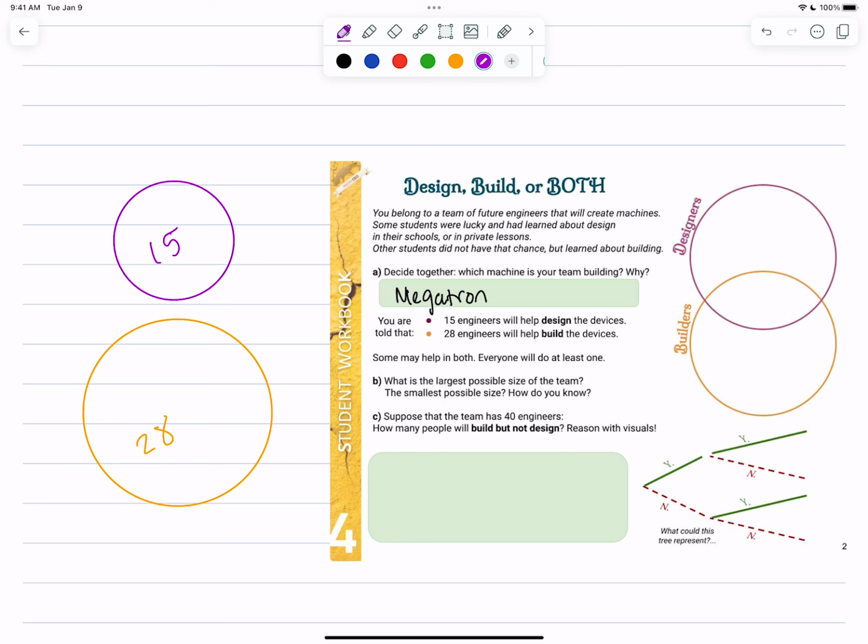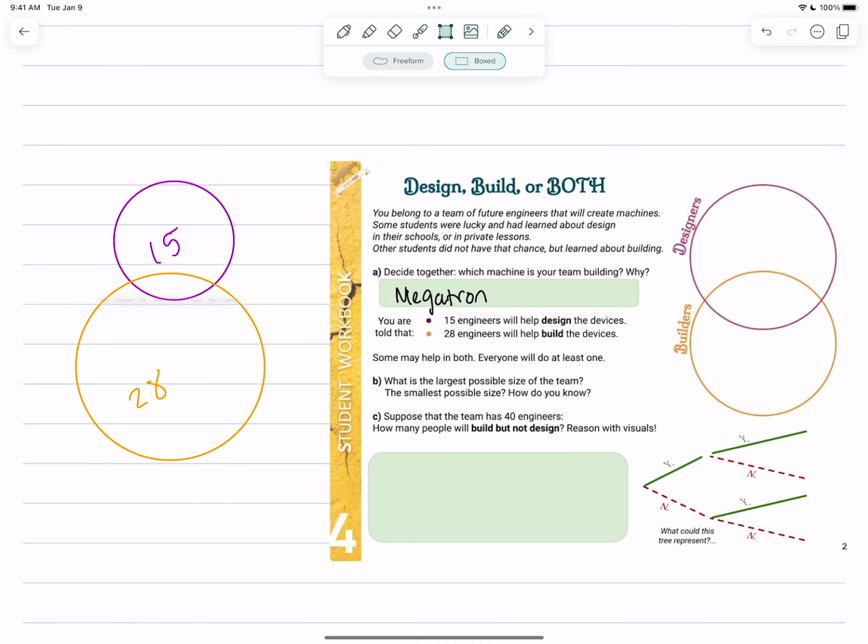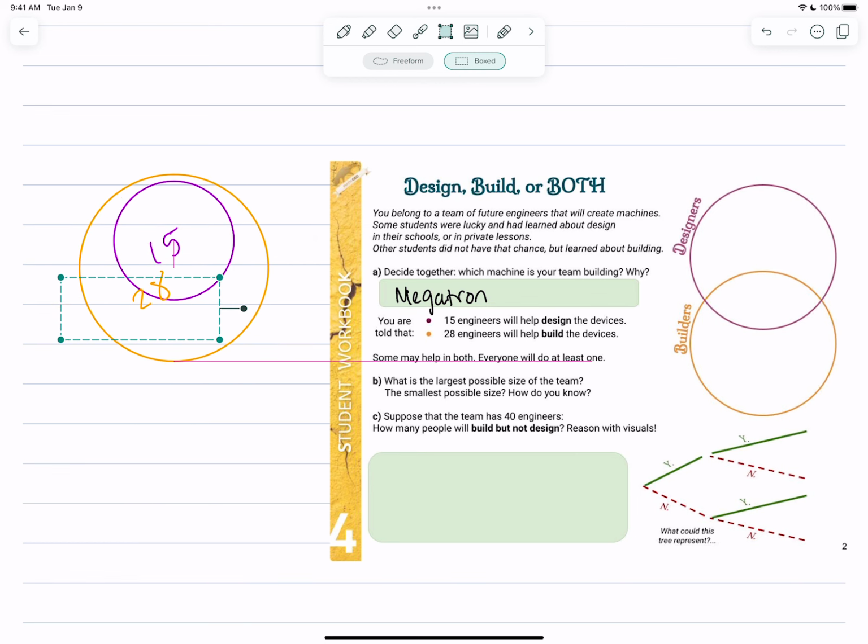But if we allow them to overlap a bit, like this, now some people building are also designing and vice versa. You can keep stretching this, and maybe even they're totally contained in each other. So every engineer who is designing is also going to build, and in this case the team is only 28. So that would be the smallest.